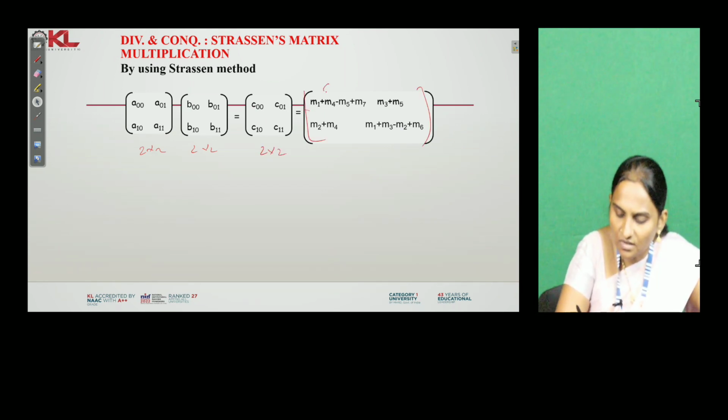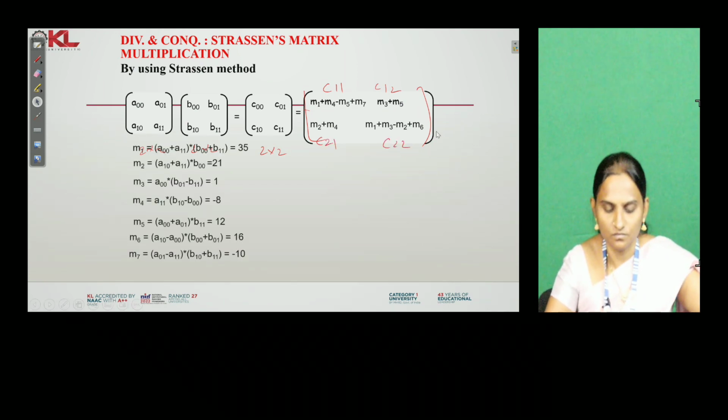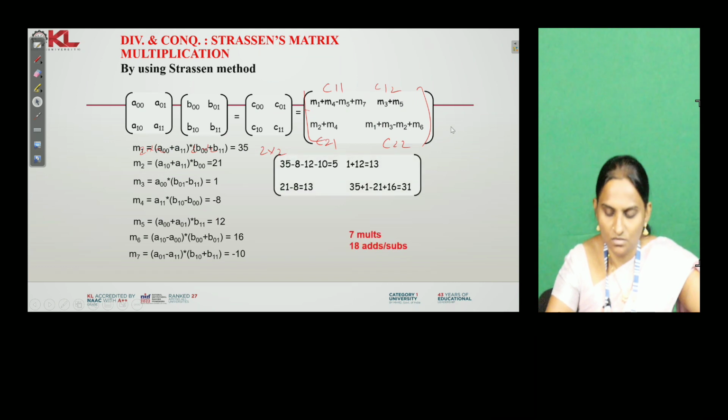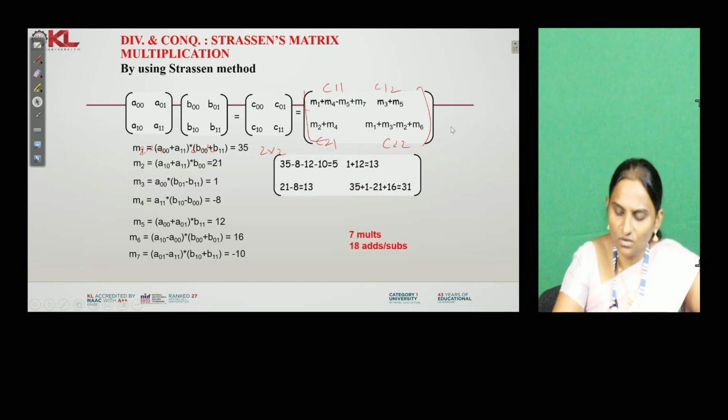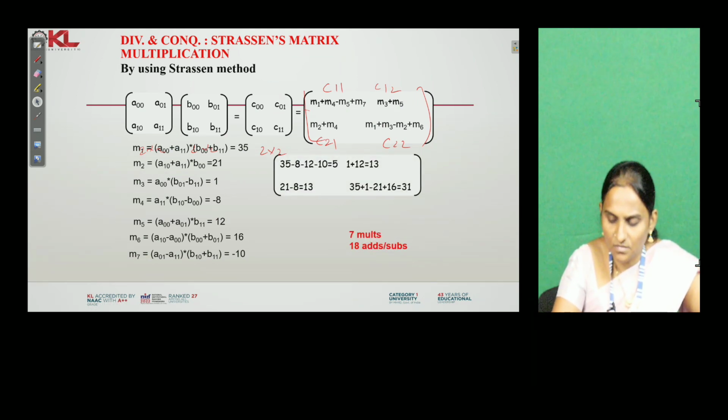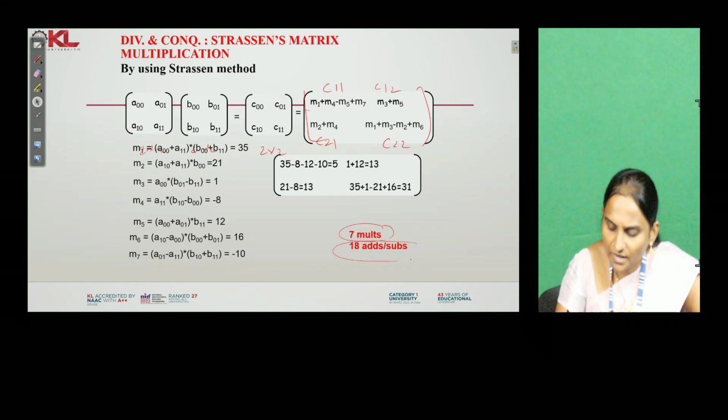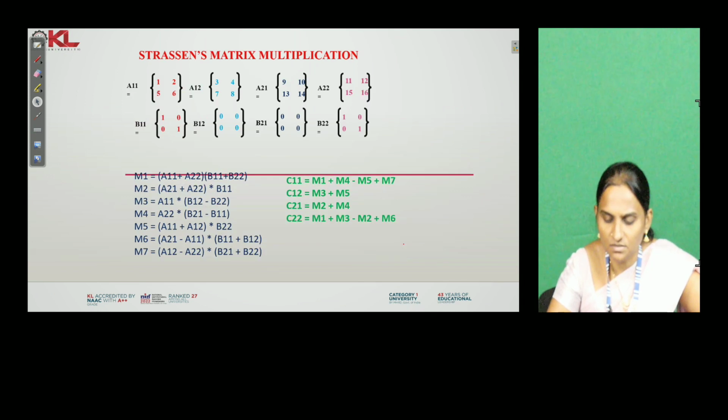For C11, the formula is M1 plus M4 minus M5 plus M7, C12 is M3 plus M5, and then C21 and C22. Using that, we can find the result. In that, there are only 7 multiplication operators and 18 additions and subtractions. So these are the examples. Using these examples, we will get clarity.